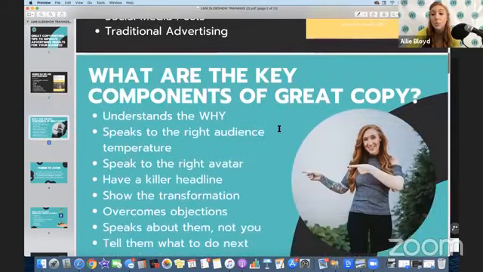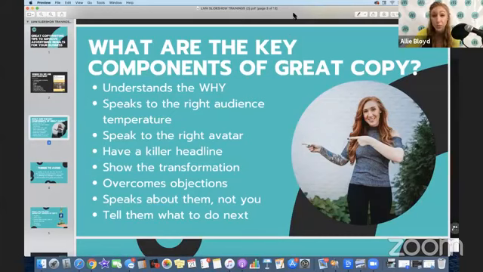So these are a couple of the key components that you really want to focus on with your copy. Number 1 is simply understanding why somebody would want to work with you. If somebody is going to buy from you, whether that's a product or a service, they have a reason. And not everyone has the same reason. And the reasons are more subconscious than they realize.